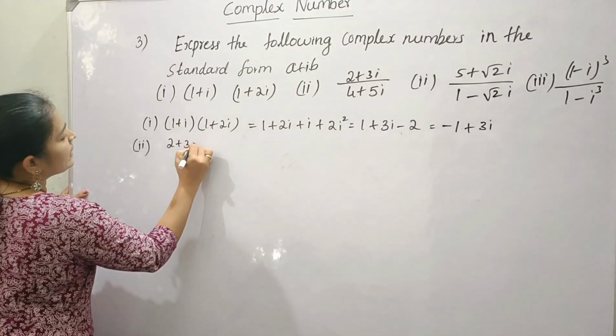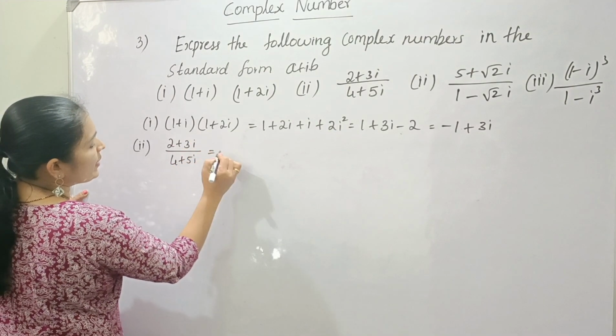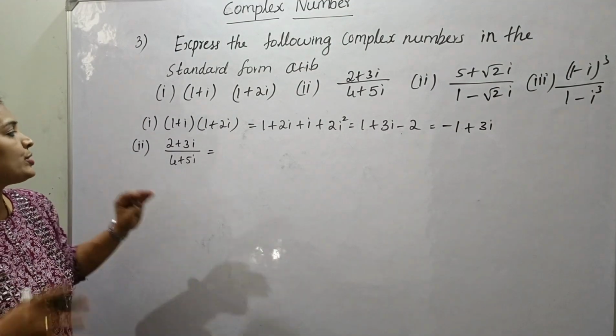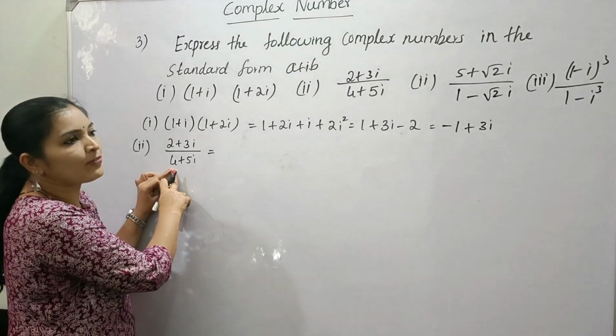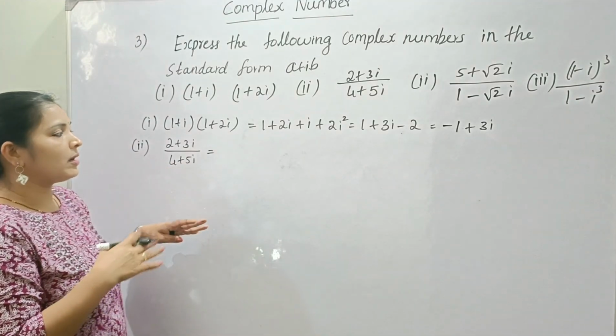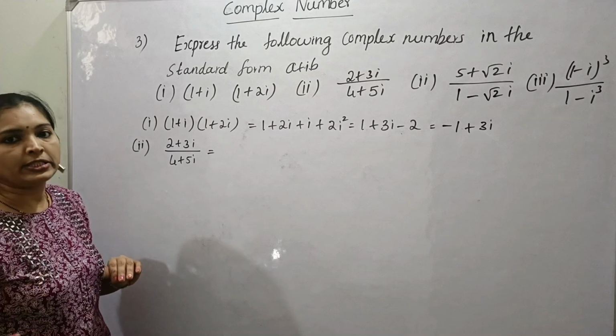2 plus 3i divided by 4 plus 5i. See, if the complex number is in the form of p by q, you just take the conjugate of the denominator. Here the denominator is 4 plus 5i. So its conjugate, how to write the conjugate? By changing the sign of the imaginary part.